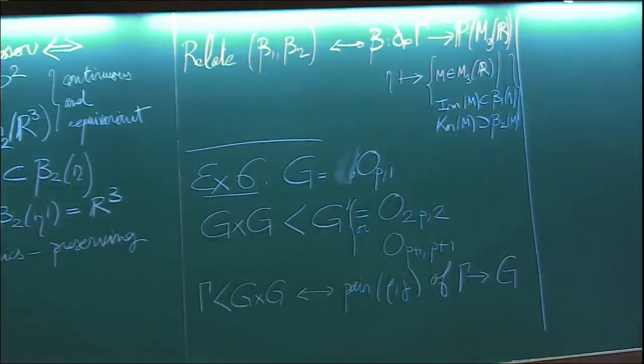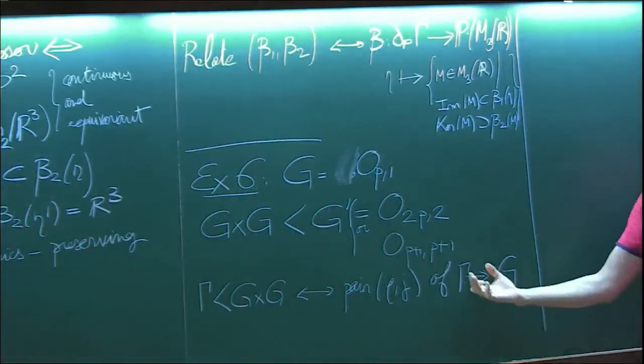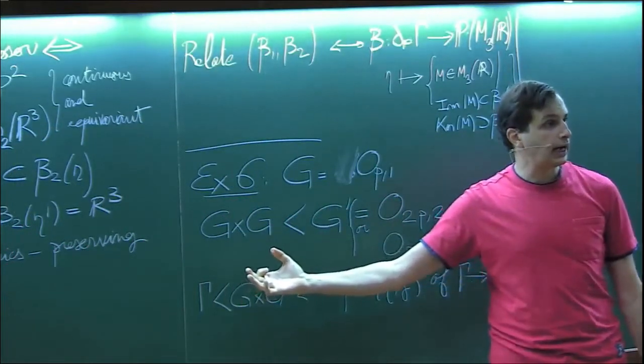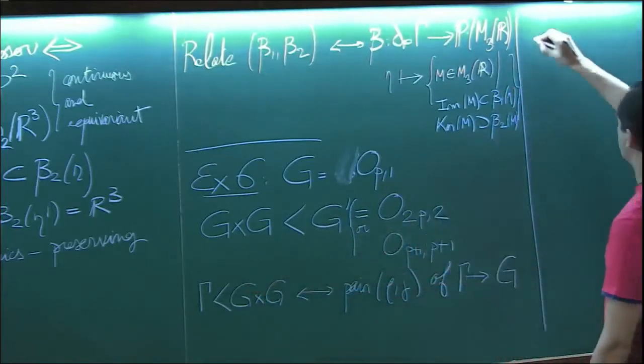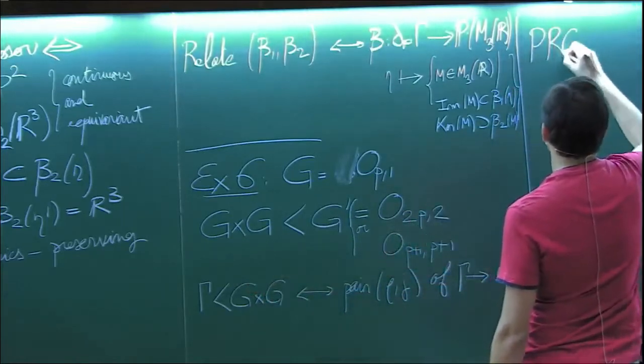I want to understand when the subgroup is Anosov in G prime. Okay, so the proposition is the following.